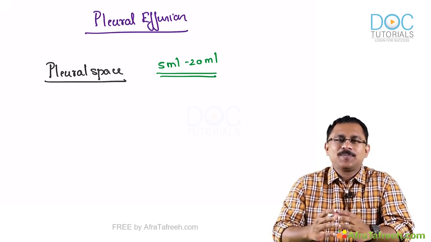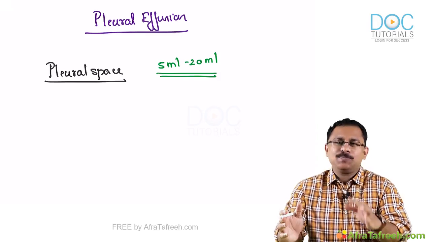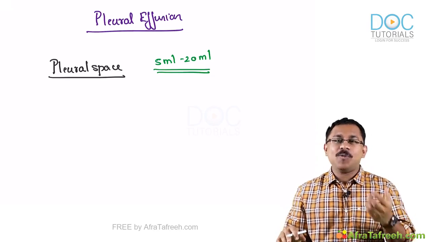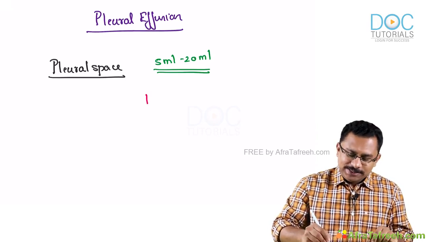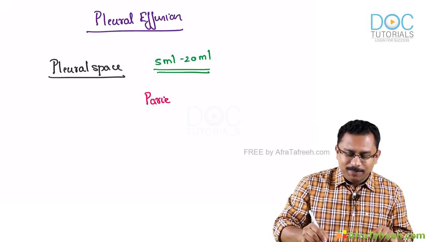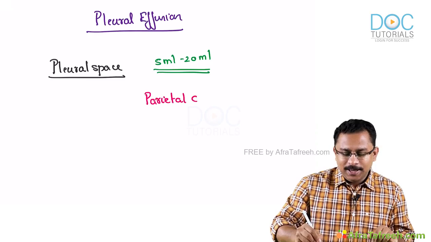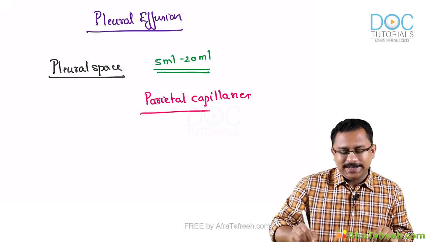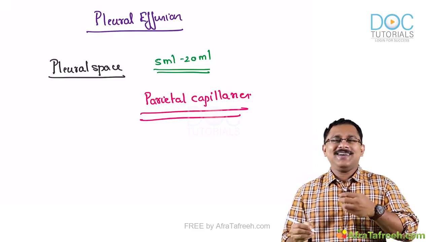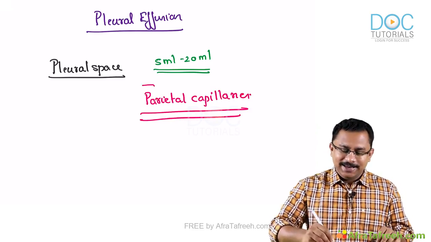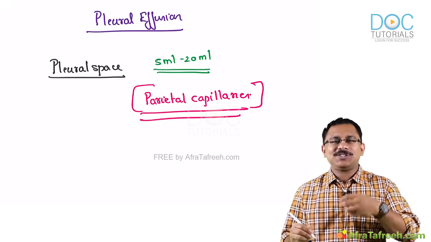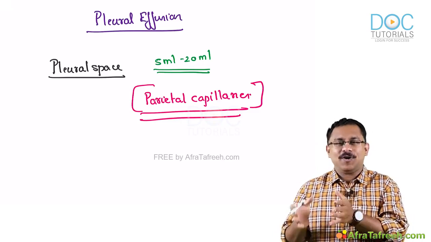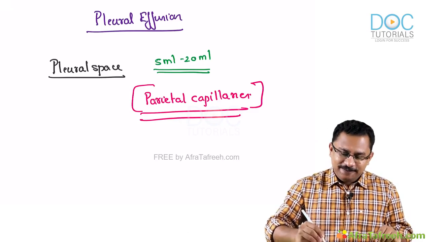This pleural fluid is formed from the parietal pleura capillaries. You have the parietal pleura capillaries that actually form the pleural fluid, and the reabsorption of the fluid that is formed is by the lymphatics.